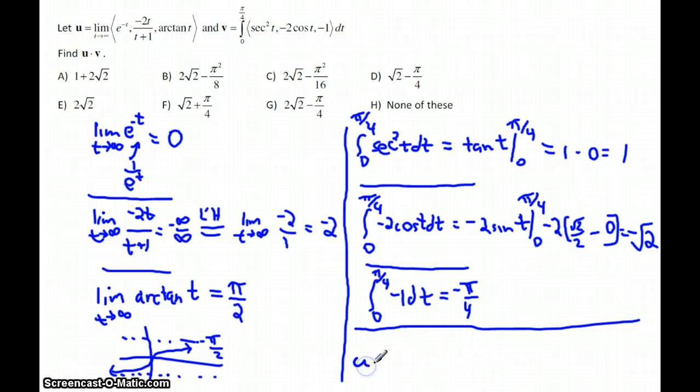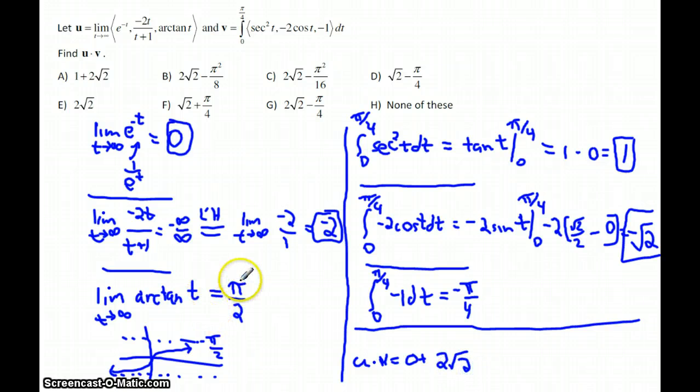And so the dot product between u and v, we take and multiply the 0 times the 1 and get 0. We multiply the negative 2 times the negative root 2 and get 2 root 2.